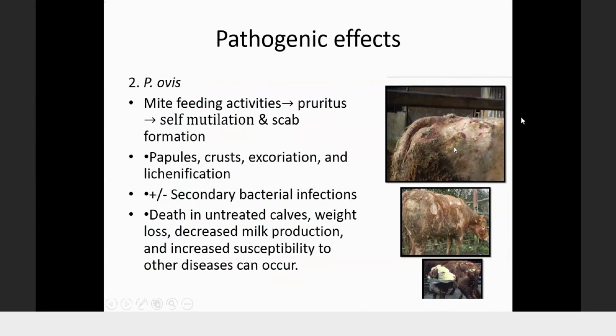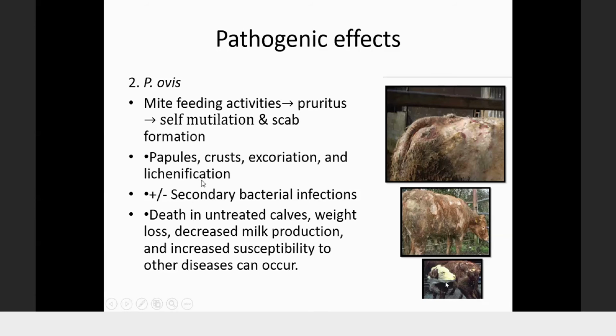Next, Psoroptes ovis. Psoroptes is one of the mites of ruminants. The mite's feeding activities can cause pruritus, then self-mutilation and scab formation, and the presence of papules, crust, excoriation, and lichenification.